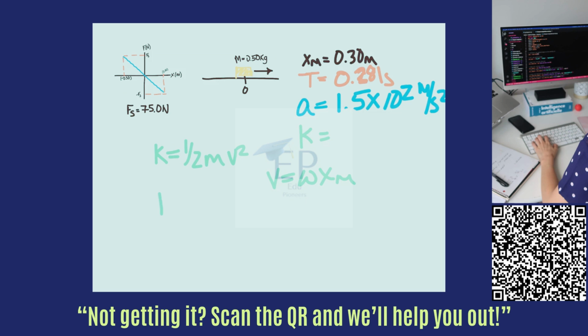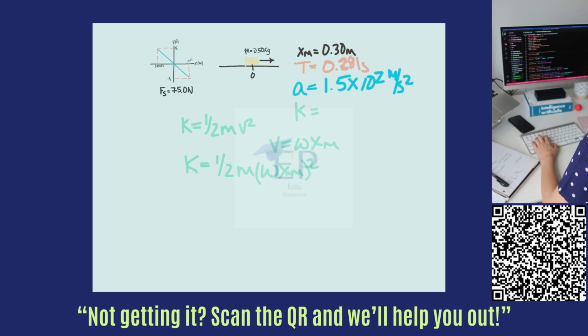So that makes our equation become K equals 1/2 mass times omega xm squared. And again, we still don't have our omega, so we can swap out omega for the square root of our k, our spring constant, divided by our mass.